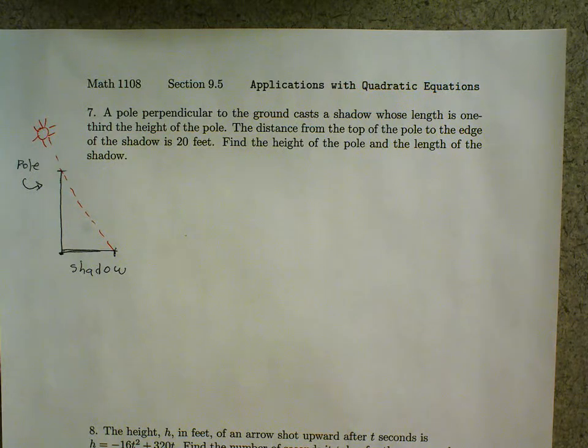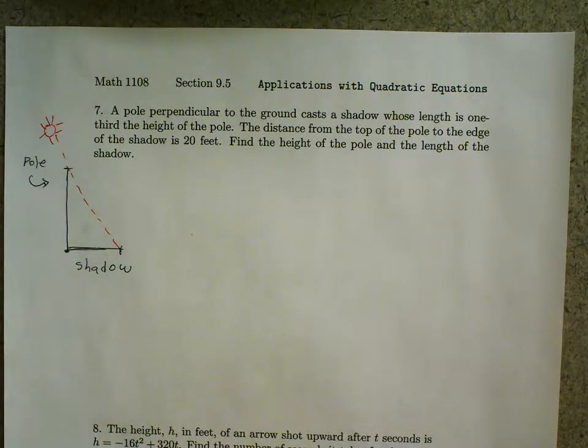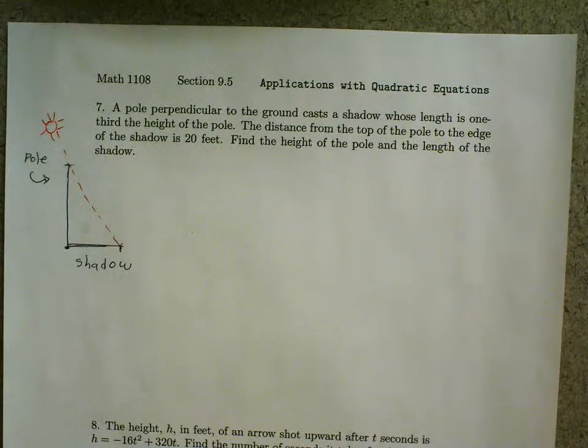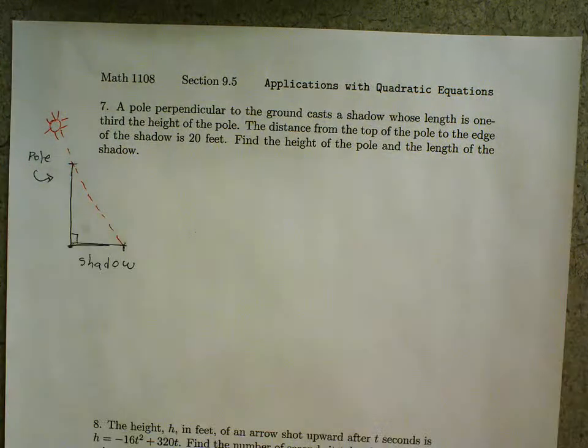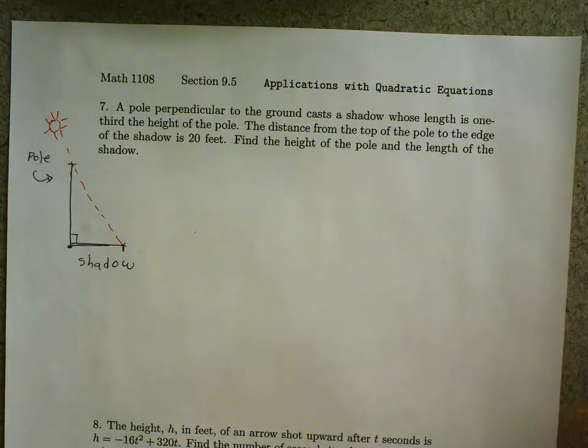What sort of problem is this, or what does it involve? Yeah, it involves a right triangle and information about the sides of the right triangle. So using the Pythagorean Theorem is going to help us.